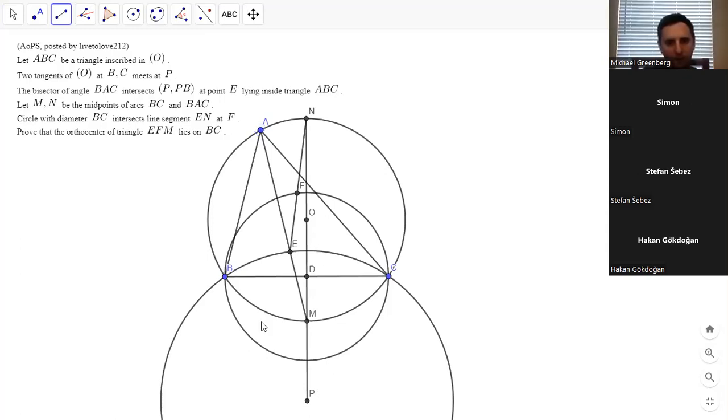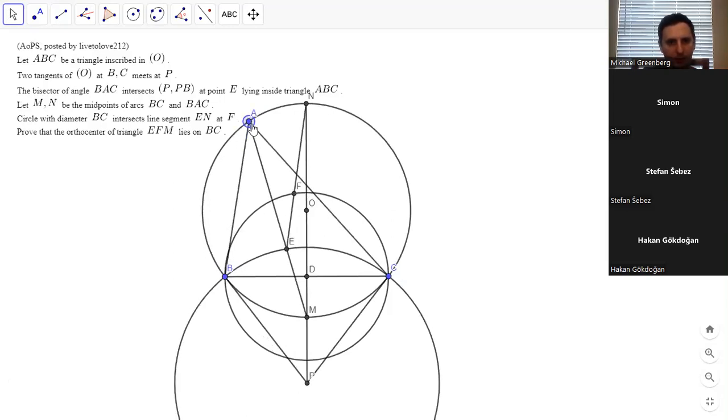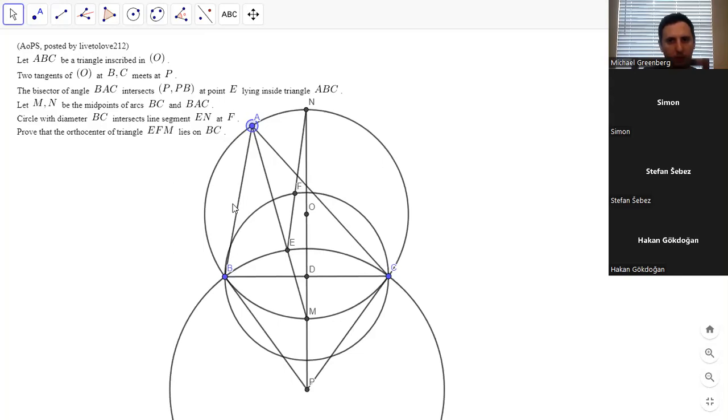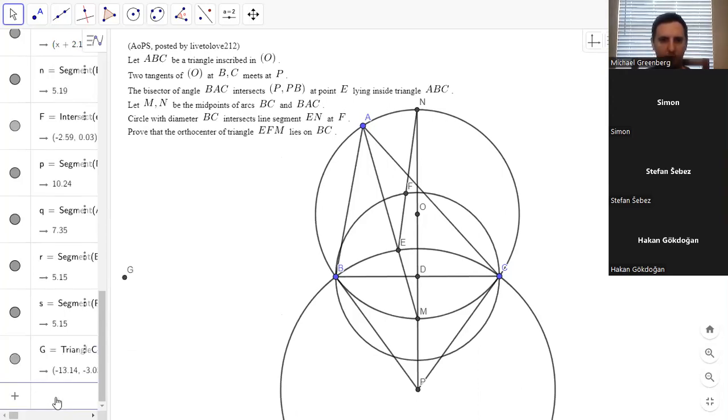That's E, and then the tangents. So is there any way we can redefine things? So let's check out that point. Is there anything special about it? All the way over there.